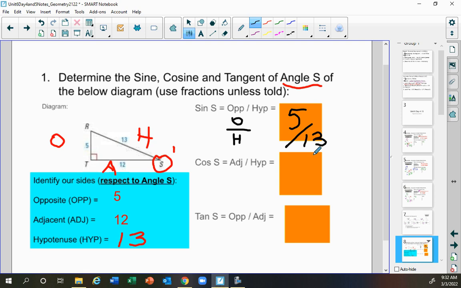Okay, we should be copying this down. Let's copy this down. All right. And for the second one, what's going to be my fraction? 12 over 13, that's right.